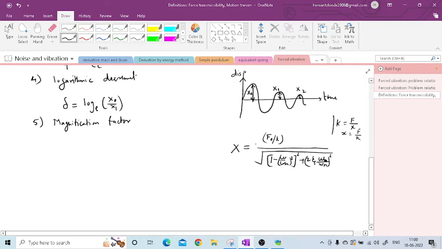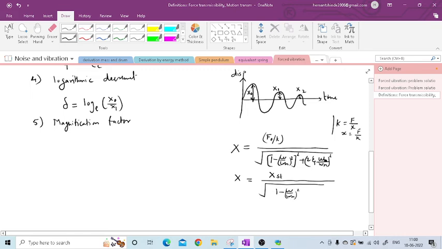So here we can see it is the formula of force divided by stiffness. So I can replace this term by xst, means maximum force applied to the forced vibrating system divided by its stiffness, and that is represented by xst, and this denominator will remain as it is.